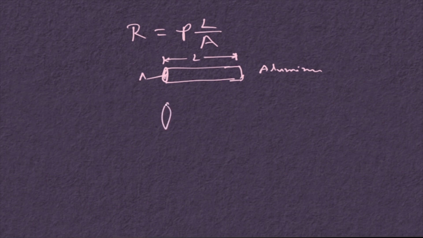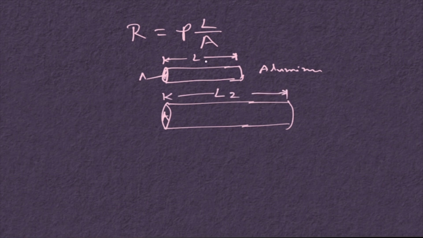Also, if the conductor is a bigger one, then its area of cross section we know, and this length also we know. Suppose this is L2 here, this is L1, this is A1, and this is A2. In this case resistance R1 will be equal to rho L1 by A1.